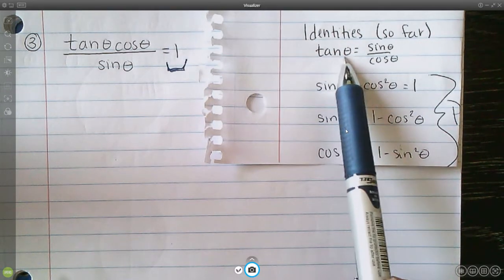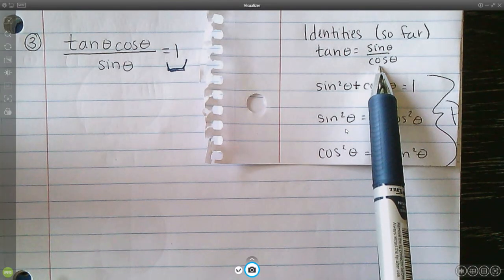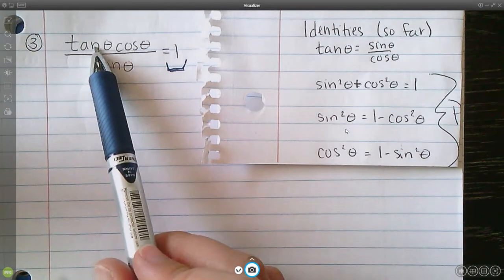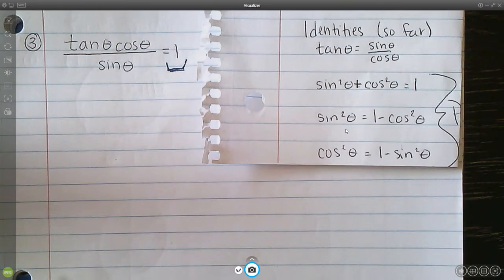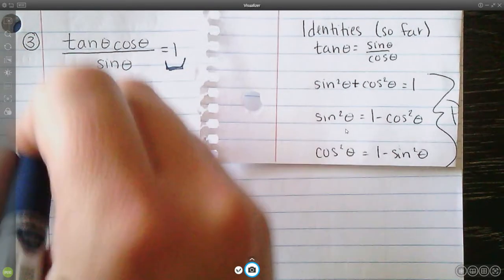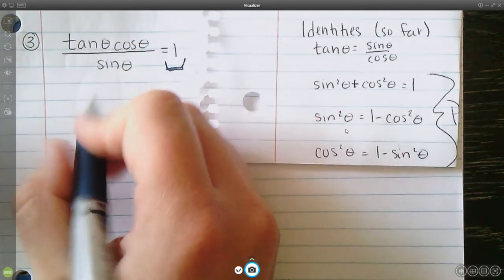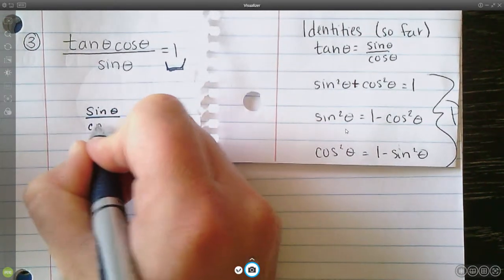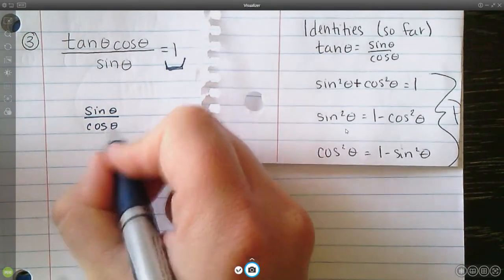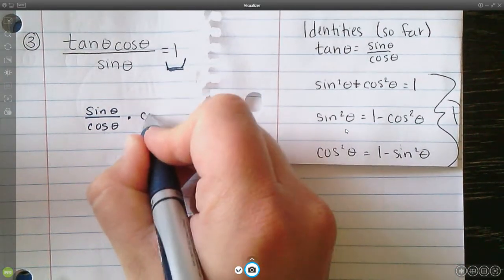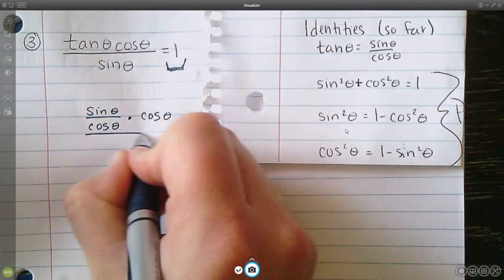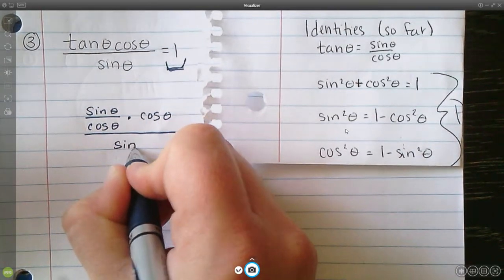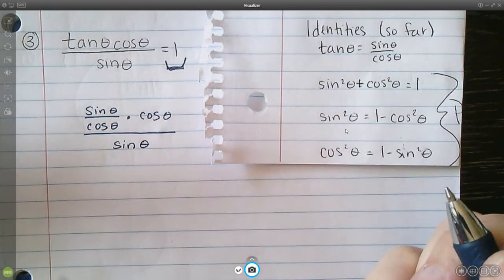So we have tangent of theta equals sine over cosine. Okay, so let's right away change this tangent to sine theta over cosine theta. So we have sine theta over cosine theta. So that's our tangent. And that's times cosine theta over sine theta.